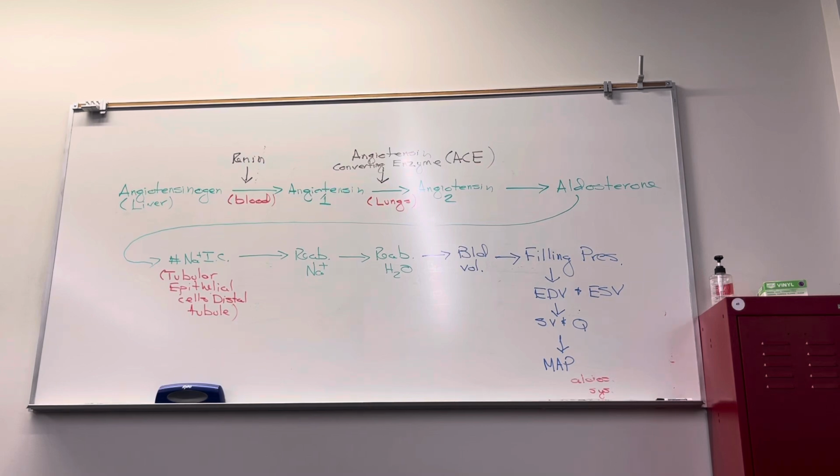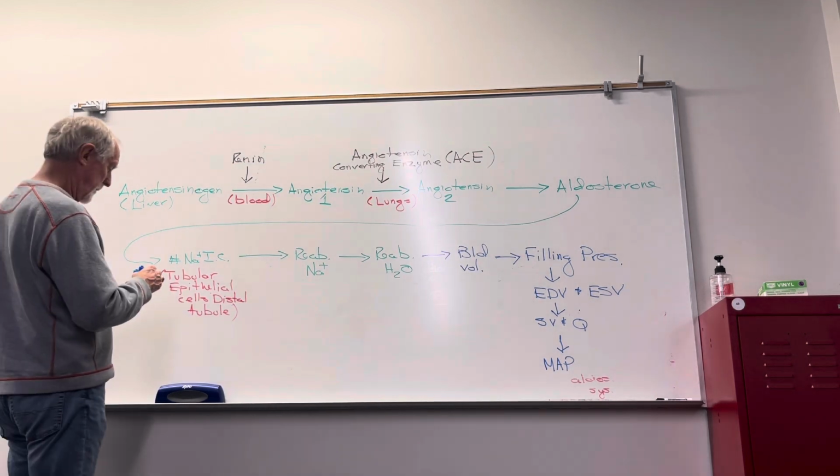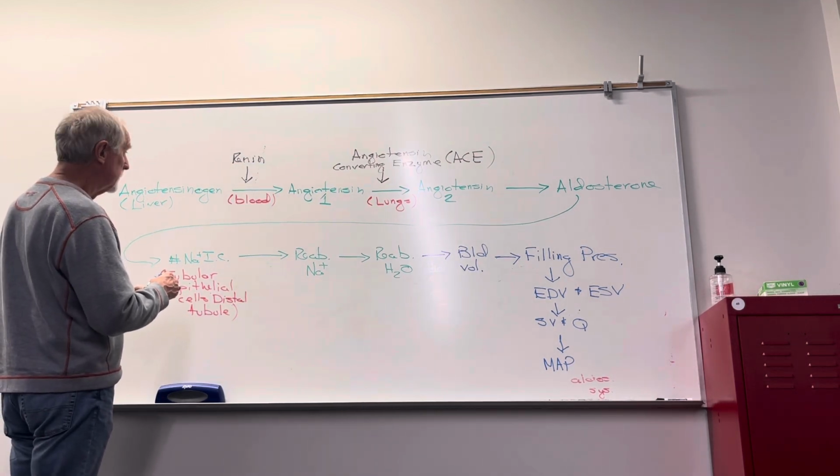So let's say that we have an instance where there's a decrease in the pressure in the afferent arteriole. The granular cells see that and they increase their secretion of renin.